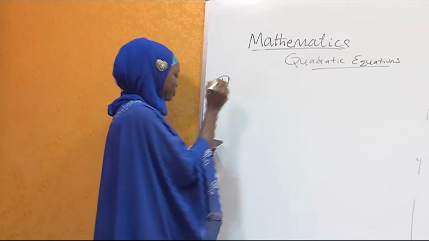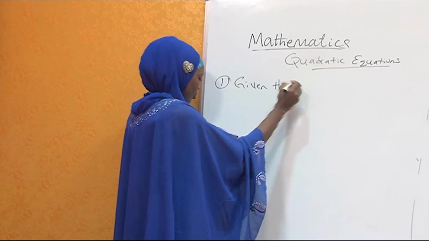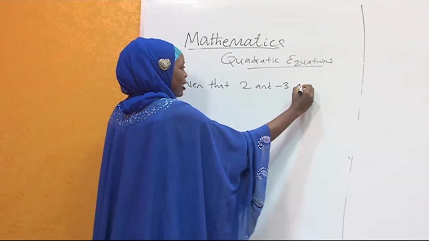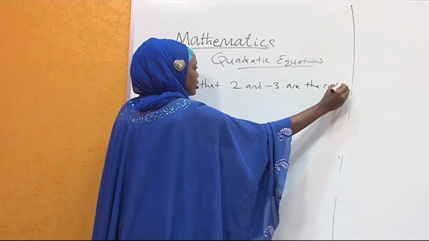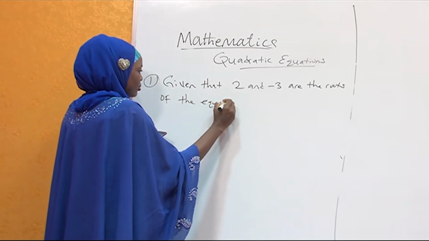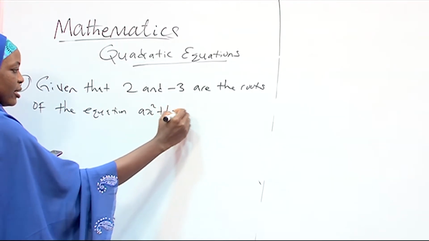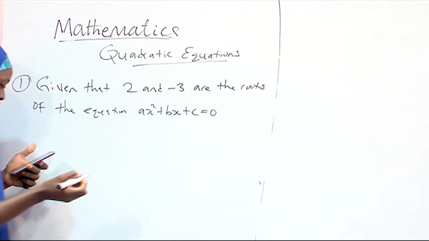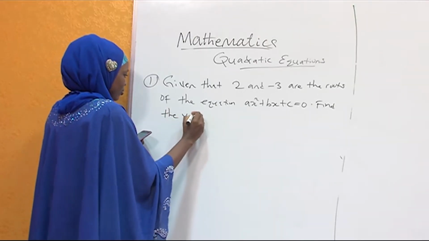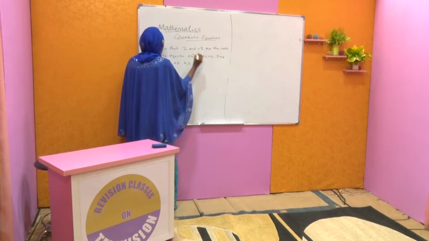Question number 1: given that 2 and minus 3 are the roots of the equation ax squared plus bx plus c equals 0, find the values of a, b, and c.